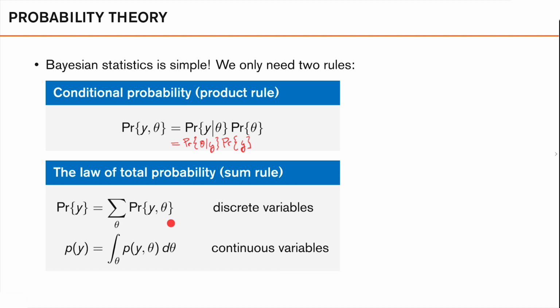This is also called marginalizing out theta, as we are essentially removing the influence of theta from the joint to get a marginal distribution of just y. For continuous random variables, the summation is exchanged with integration, but the concept is all the same.